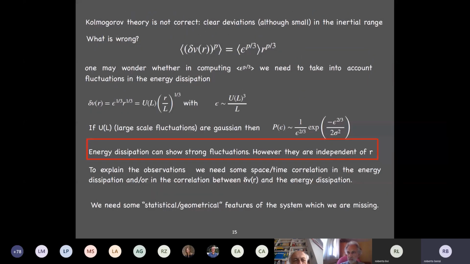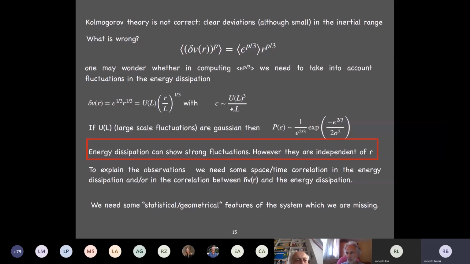So the deviations from Kolmogorov theory are relatively small, and one can try to understand what was wrong with the original conjecture. The first thing that you can imagine is that some trouble comes from this average. Within the Kolmogorov theory, you can think that the energy dissipation is not constant. In fact, the energy dissipation can be related to the fluctuations over the large scale.